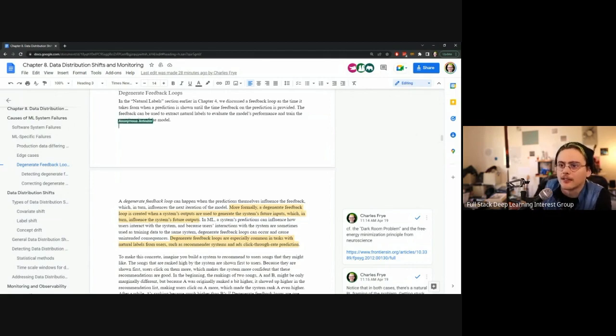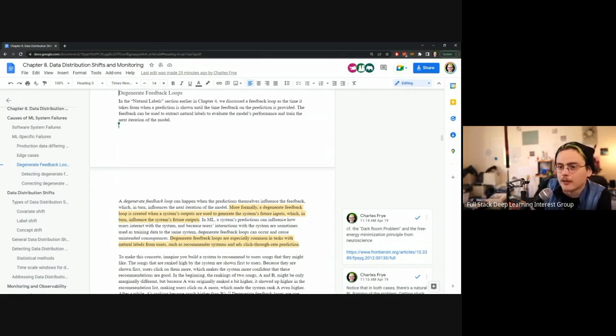It sounds like a nice virtuous cycle, but there are also these vicious cycles, these degenerate feedback loops. These come up a lot in reinforcement learning, because a reinforcement learning agent effectively generates the samples from which it learns. It takes actions in the environment and then finds out what the rewards are.